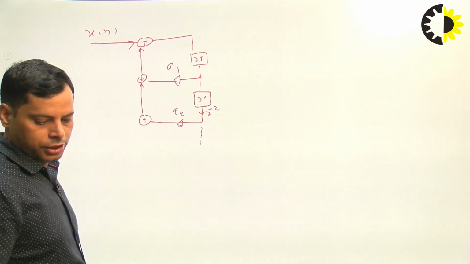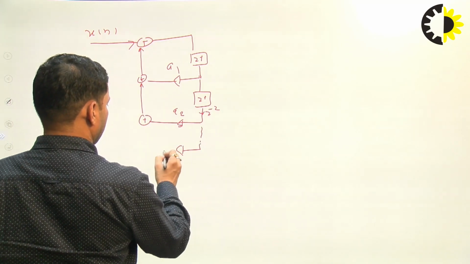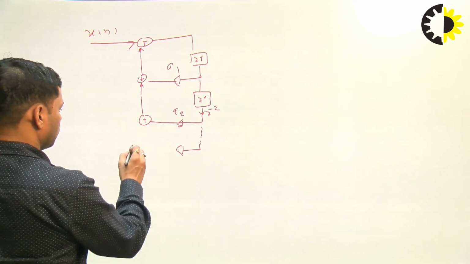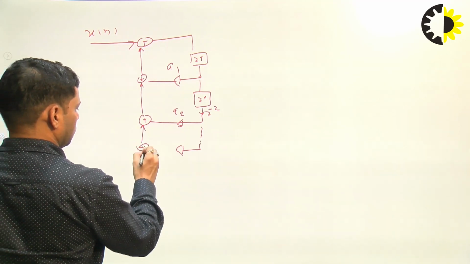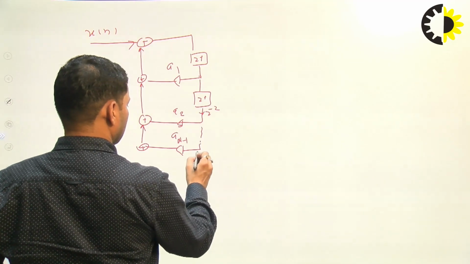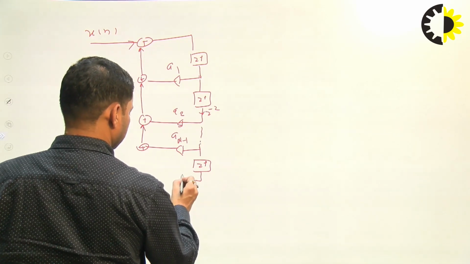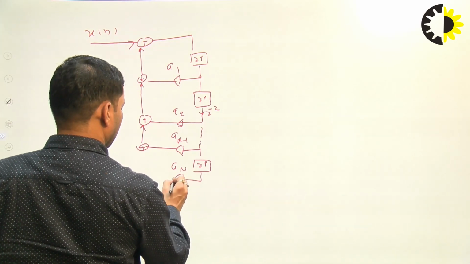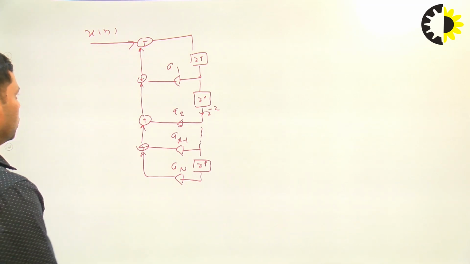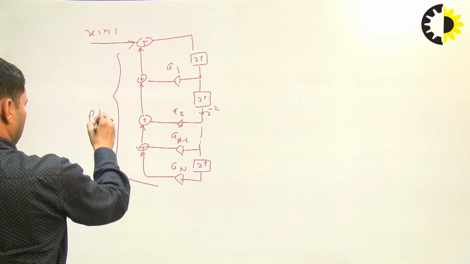It will continue up to N minus 1 z inverse, then multiplier a_N, we will apply this.